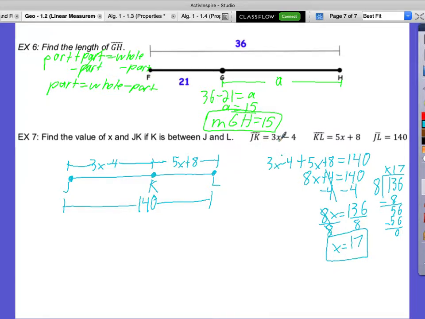Plug it back in, right? We can take 3 times 17 minus 4 and we get JK. 3 times 17 ends up being 51. Minus 4. So the measure of JK is 51 minus 4, aka 47.